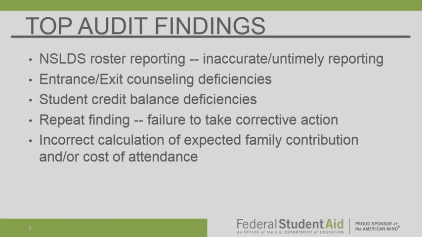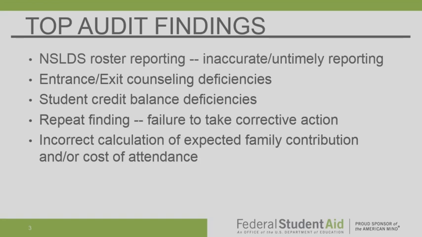Entrance and exit counseling deficiencies. Whenever a student borrows loans, they have to complete these. This covers the rights and responsibilities of their borrowing. Student credit balance deficiencies. Repeat findings, things that we see more than 1 year in a row, which means that you were trying to take some sort of corrective action, but it didn't work.